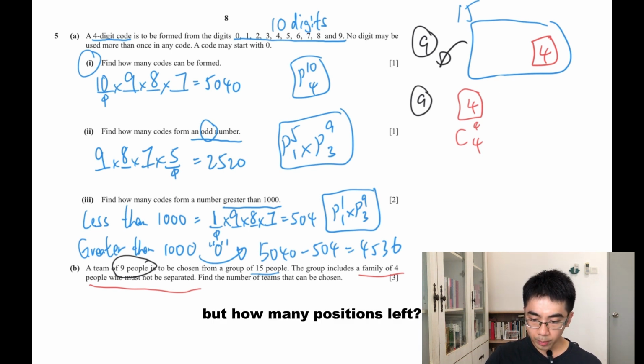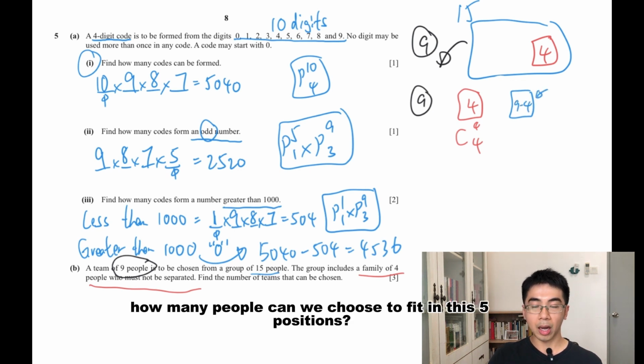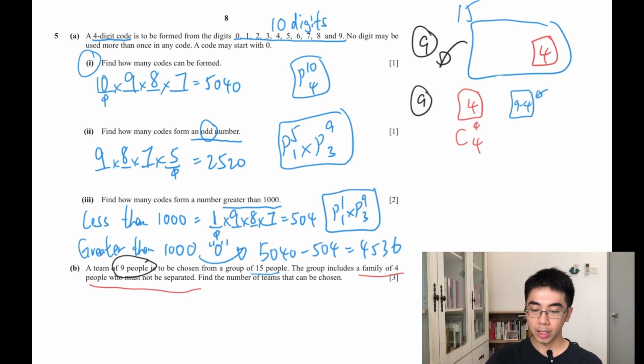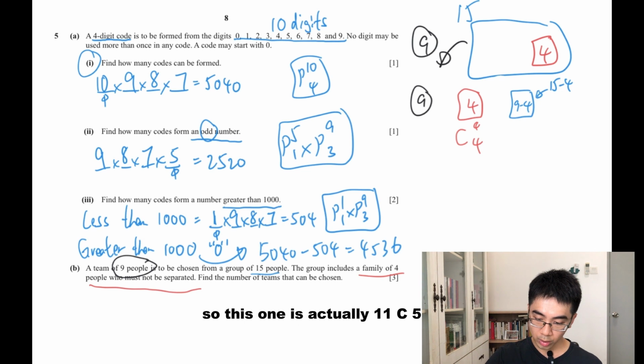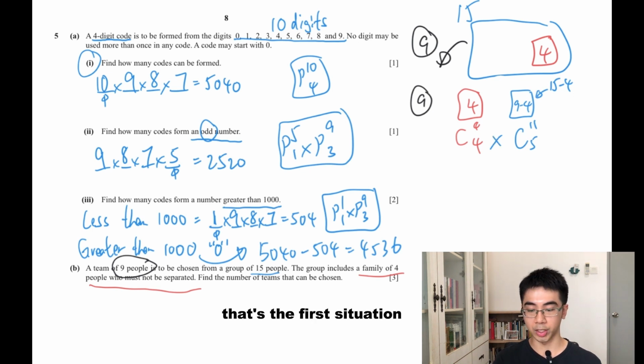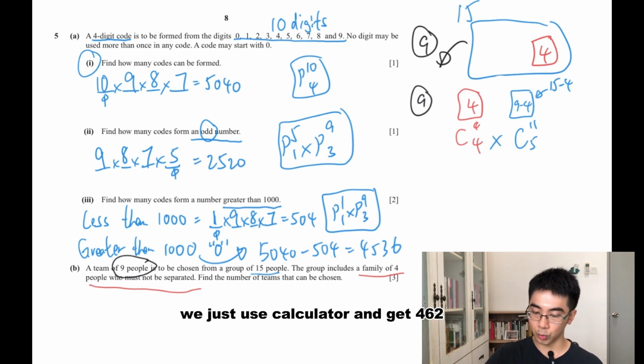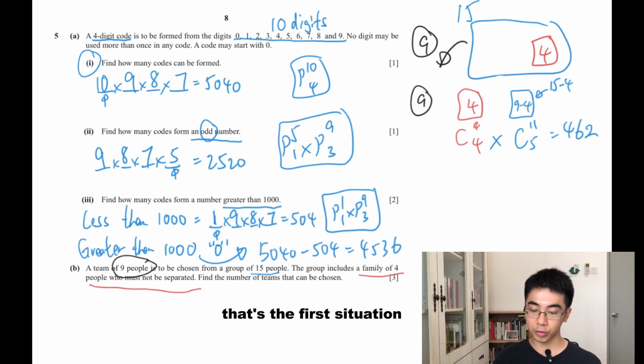But how many positions are left? It should be 9 minus 4, which is 5. How many people can we choose to fit in these 5 positions? It should be 15 minus 4, because the 4 family members have already been chosen. So this one is 11C5. That's the first situation, and using the calculator you get 462.